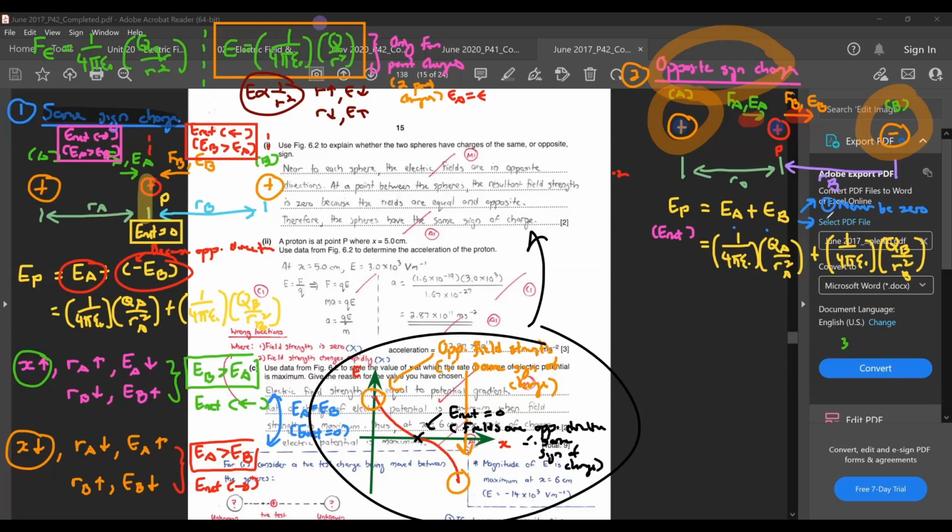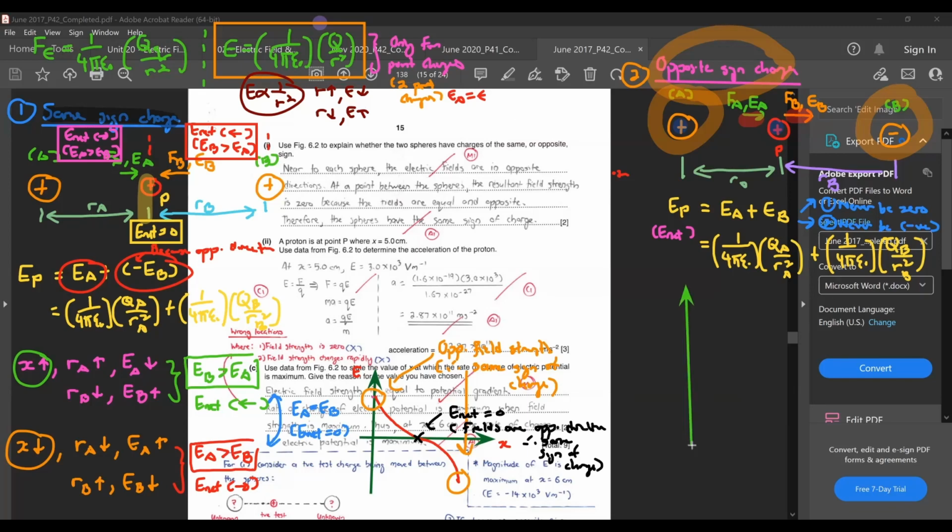And then another thing to also note is that they will also never be negative. If you keep adding up positive values together, how is it possible you will get negative? It's just not possible, right? So if you are talking about the field strength versus distance graph for opposite sign charges, it will look something like this.